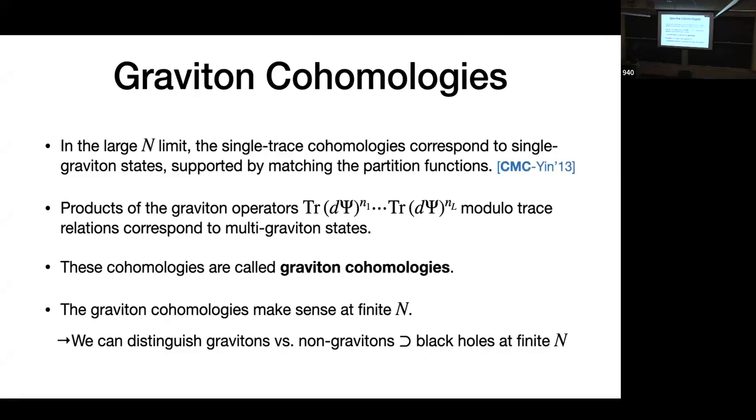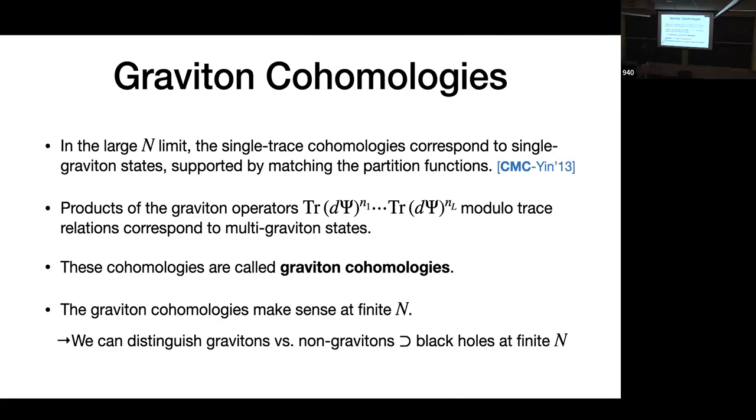In the large N limit, we can try to count how many cohomology classes we have, and compare with the gravity side. We see an exact match between the number of single trace cohomologies and the number of single graviton states. That motivates the name graviton operators.